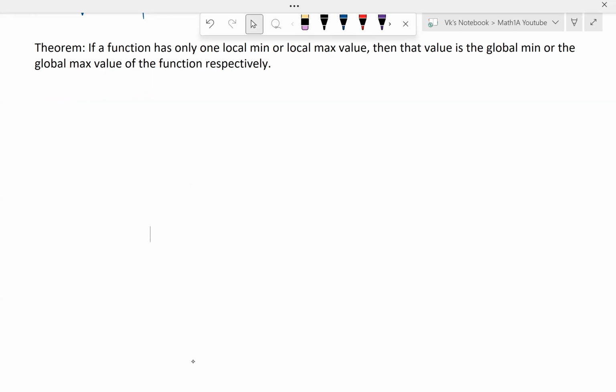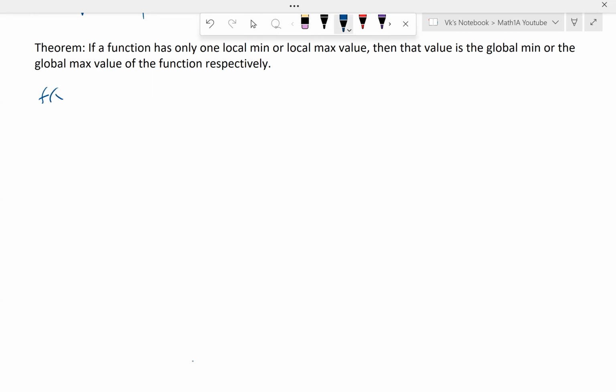Theorem. If a function has only 1 local minimum or local maximum value, then that value is the global minimum or the global maximum value of the function, respectively. This theorem is pretty useful in sketching parabolas and also in the later section when we study application of derivatives in optimization.